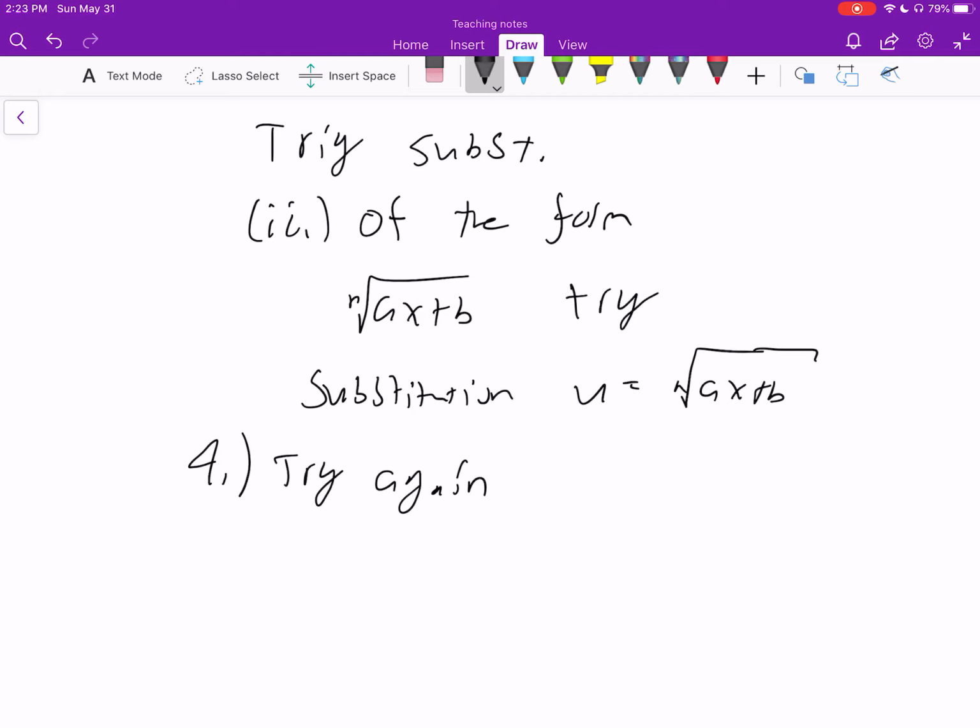Integration is much harder. We're trying to undo differentiation, and there is no straightforward rule. It's try this, did that work? No, try this, and you just keep going until something works. So with these problems, you really want to do a bunch of them to get used to what you're looking for, because then you can't be tripped up.